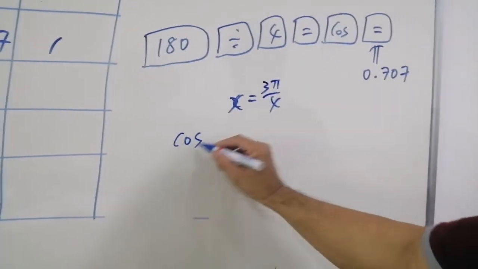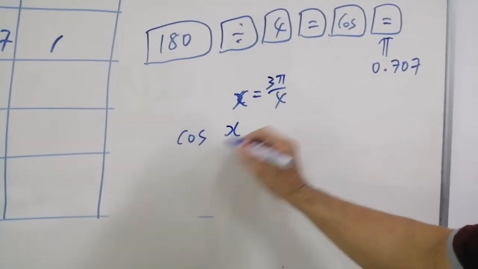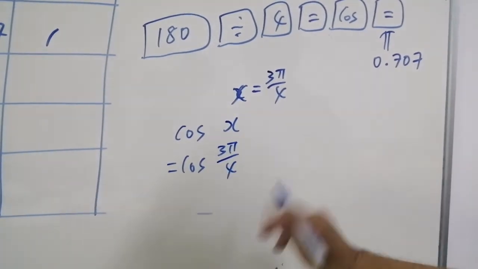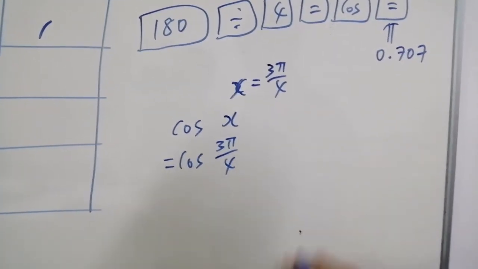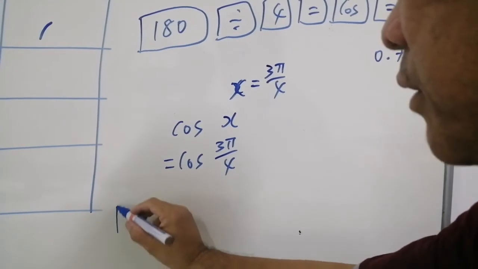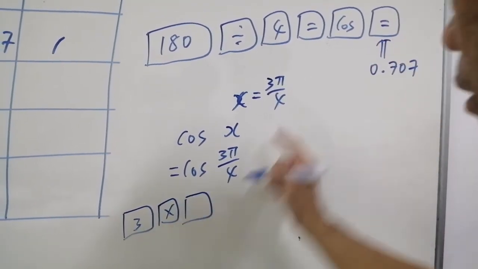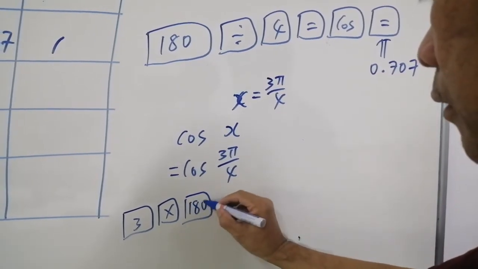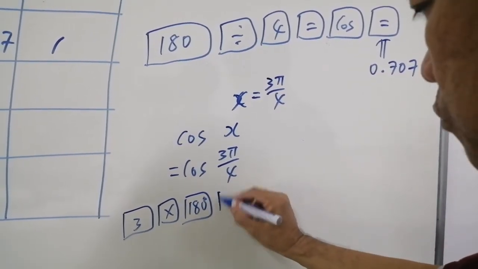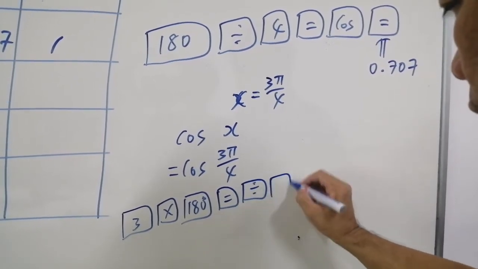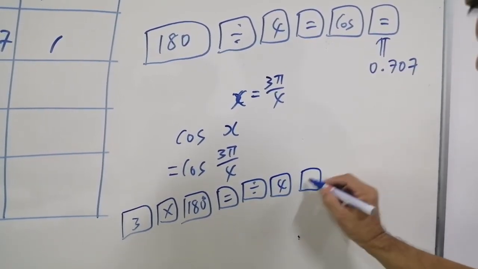So my cos x will be equal to cos 3 pi over 4. How do I want to solve it? Very simple. Can you see 3? You punch in the calculator 3, then multiply by pi, which is 180, then equal, then divide by 4, then equal.